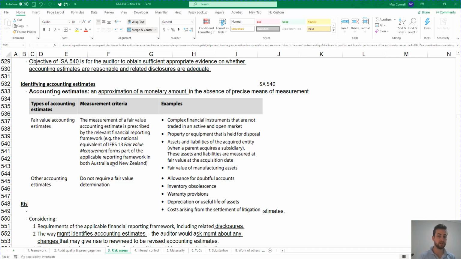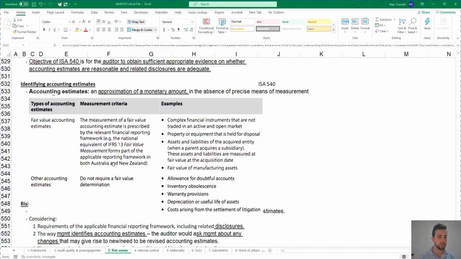There's no active market like in the share market where on any given day you know exactly how much it's worth. What one person might pay might be different to what another person might pay, and it's quite difficult to estimate. And that's the same for the fair value of manufacturing assets. It could be the fair value of assets and liabilities when a parent acquires a subsidiary, which you need to recognize at fair value. It could be property or equipment and so forth.